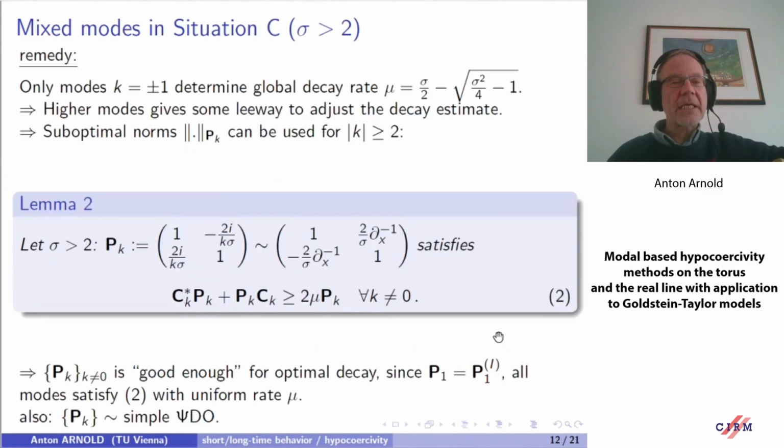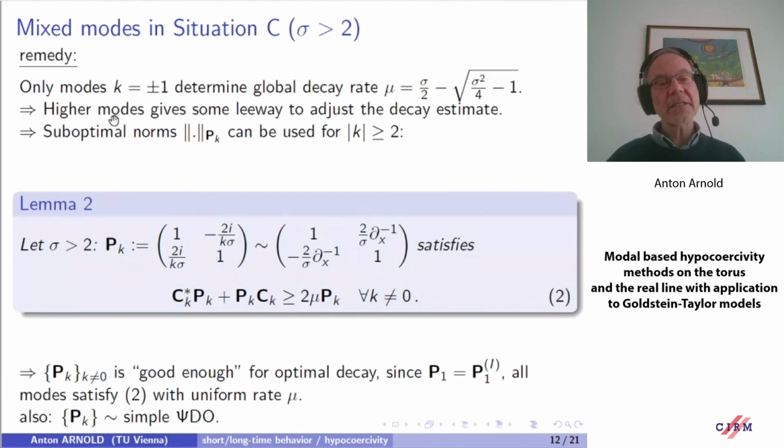So there is a remedy for this situation where we have these mixed modes. First of all, let us observe that it is only the lowest mode, when k is equal to plus minus 1, which actually determines the global decay rate. This is the spectral gap of the PDE that is inherited from the modal discussion.